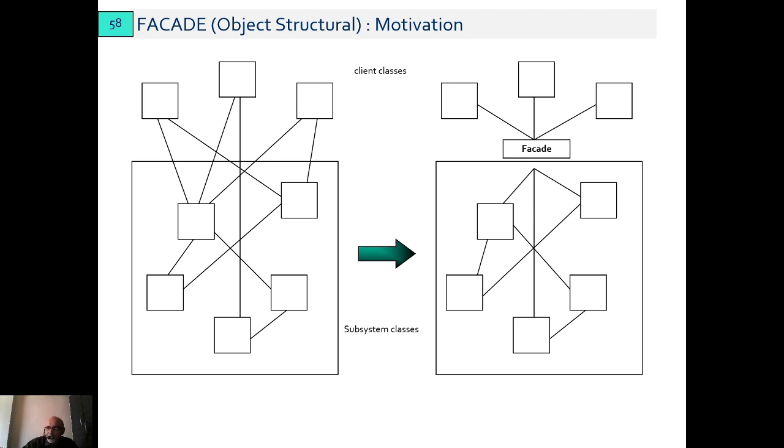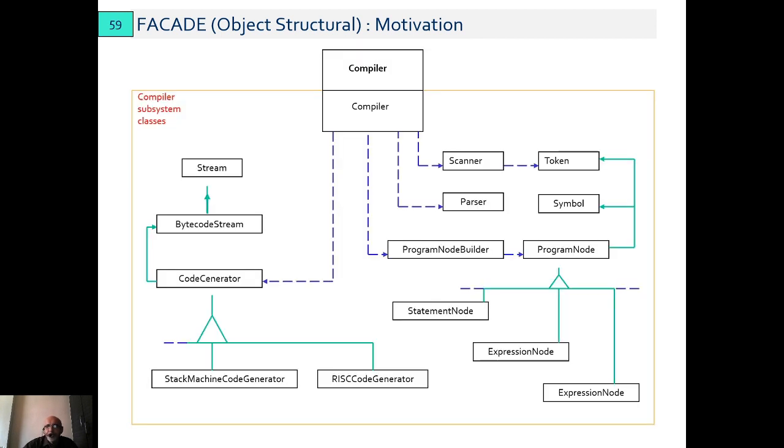But Facade tells you to organize the subsystems in such a way that you can easily maintain the hierarchies from outside as well as inside. So multi-level Facade can also be used. Not much commenting about multi-level Facade has been done in the literature. So a compiler, now just try to see how Facade works.